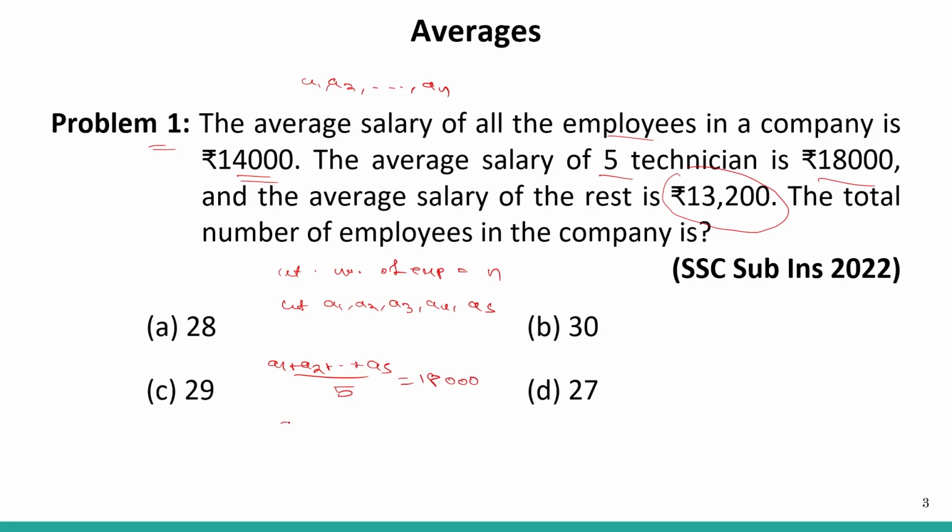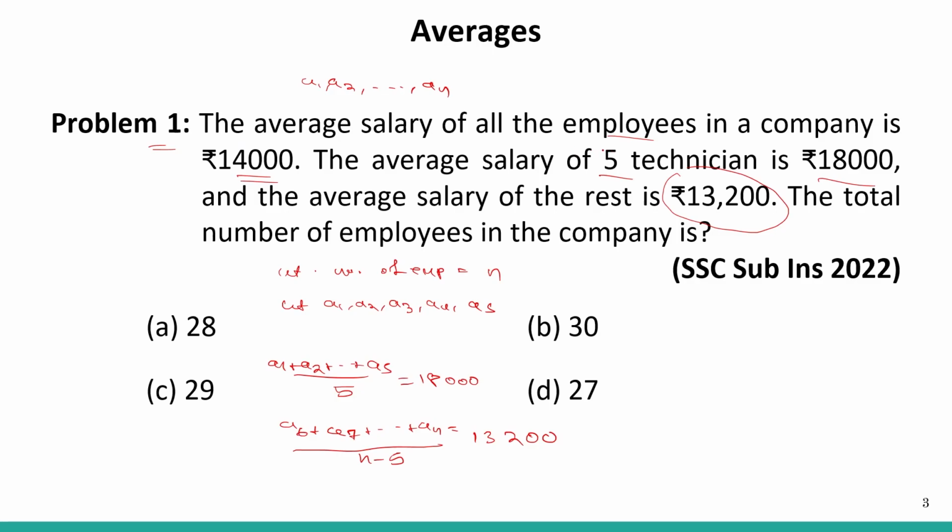Also given, A6 plus A7 plus up to An, whole divided by n minus 5, is equal to 13,200.